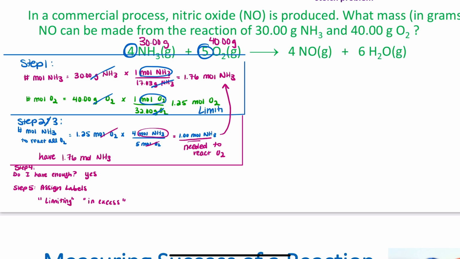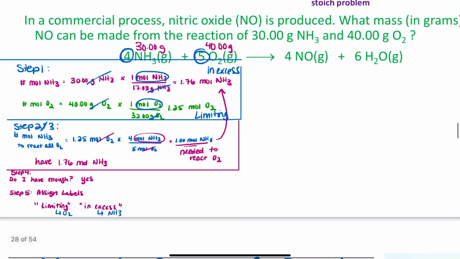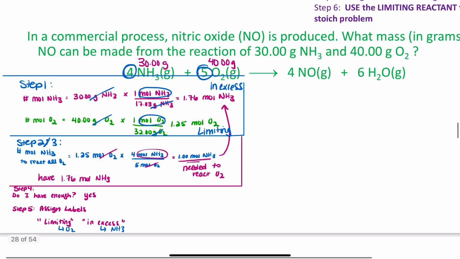Oxygen is my limiting reactant. Ammonia is in excess because I have more than enough ammonia to complete the reaction and the O2 will limit. So we can see limiting is O2. That is supposed to be an arrow right there. And NH3 is in excess.